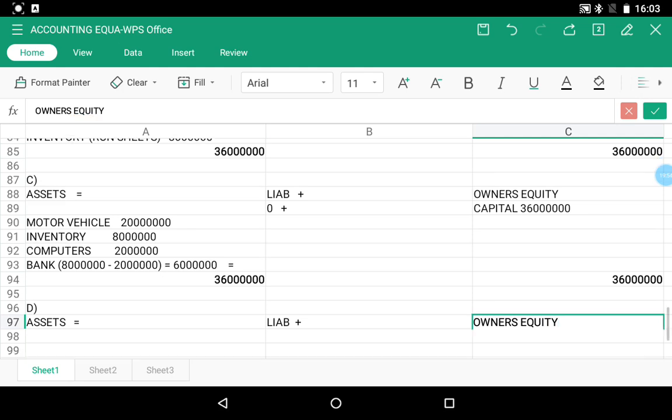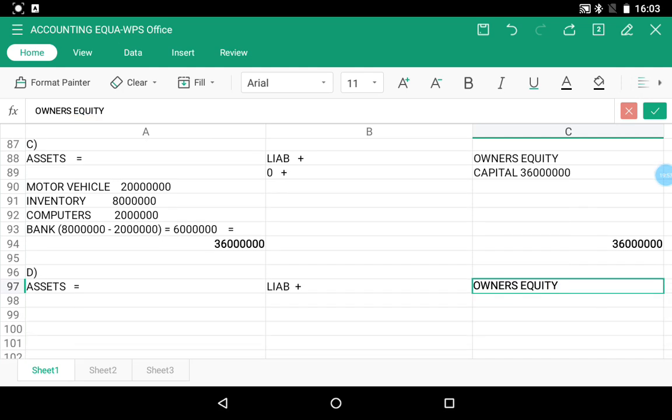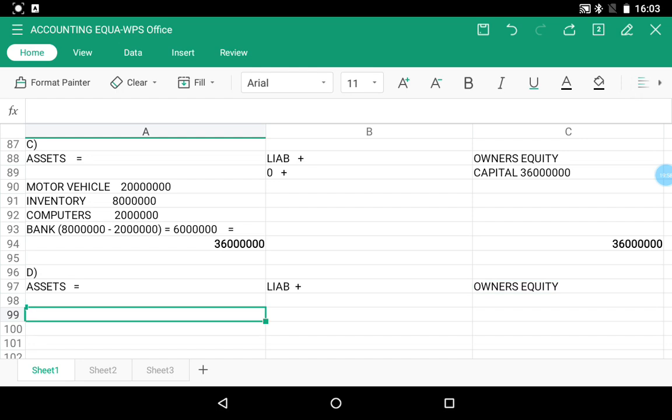When you check under assets, it is only bank which is affected. So we are going to first write these ones. We have motor vehicle worth 20 million.